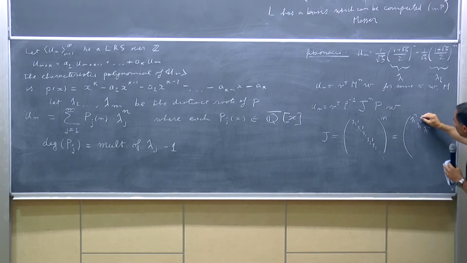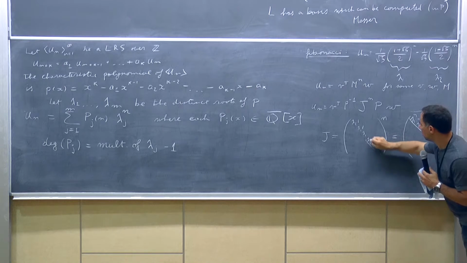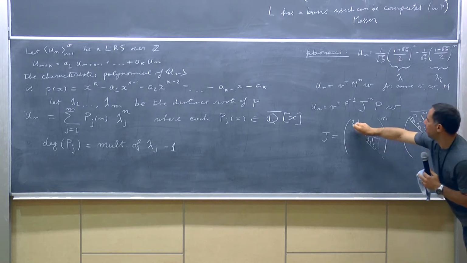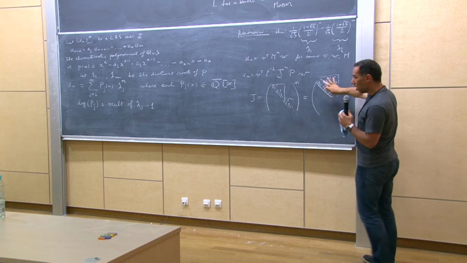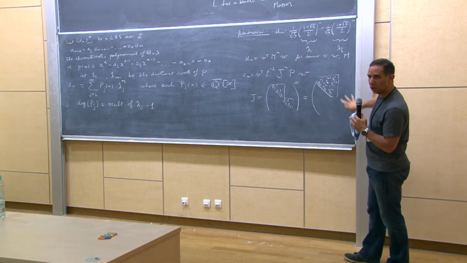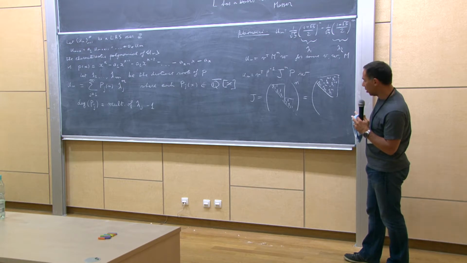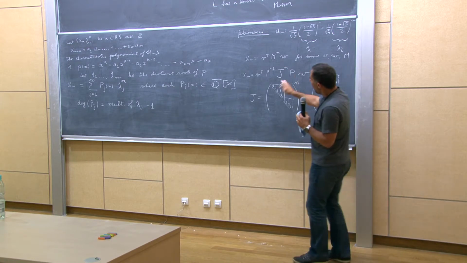And on the super diagonal, you're going to end up with some constant times lambda 1 to the n minus 1, some constant times lambda 1 to the n minus 1, and here some constant times lambda 1 to the n minus 2. So these blocks will become upper triangular, and this will happen for each of your Jordan blocks. So J to the n is a matrix that's going to look like this, with these upper triangular blocks.